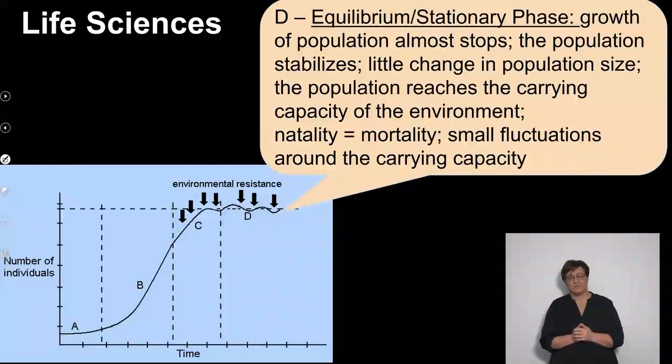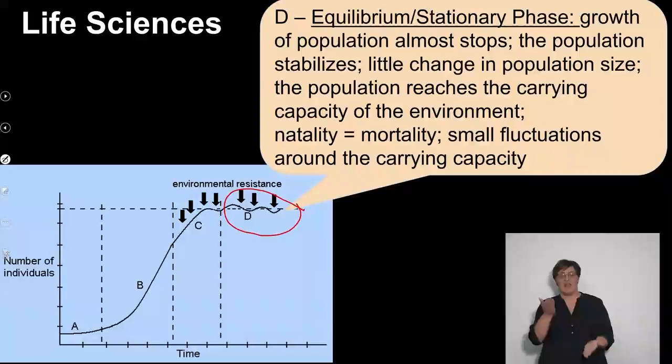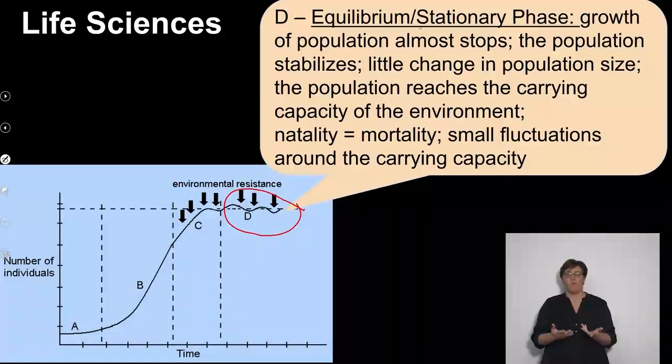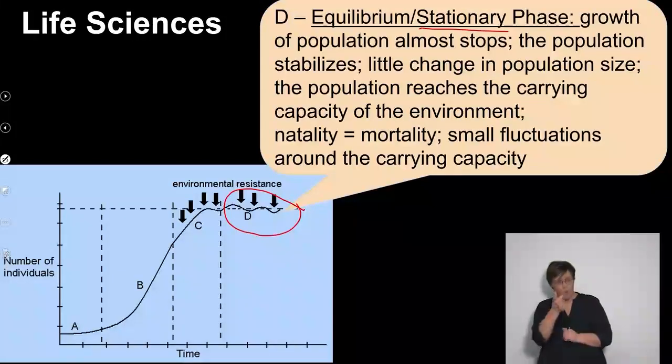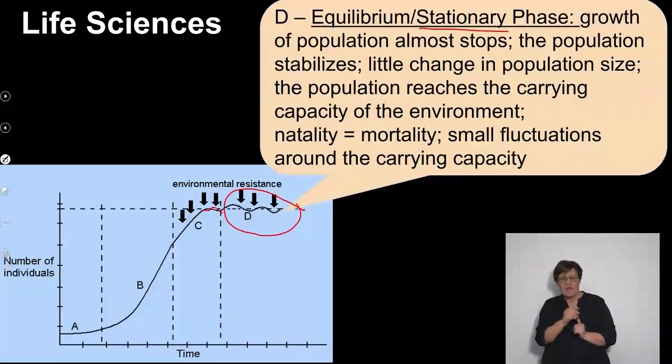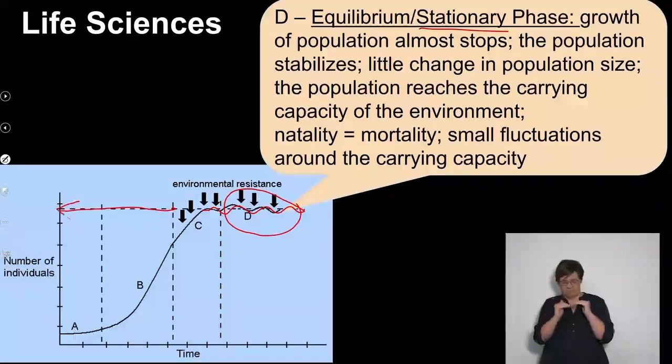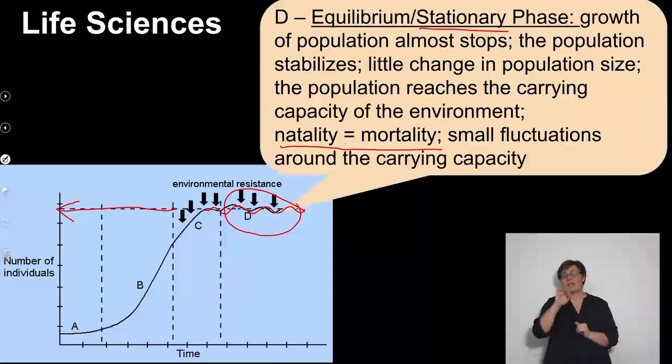And we enter now into this final phase, the equilibrium or stationary phase, where the growth of the population almost stops. But look, there are small fluctuations that maintain the size of the population around one particular point. We would say that natality is now equal to mortality.